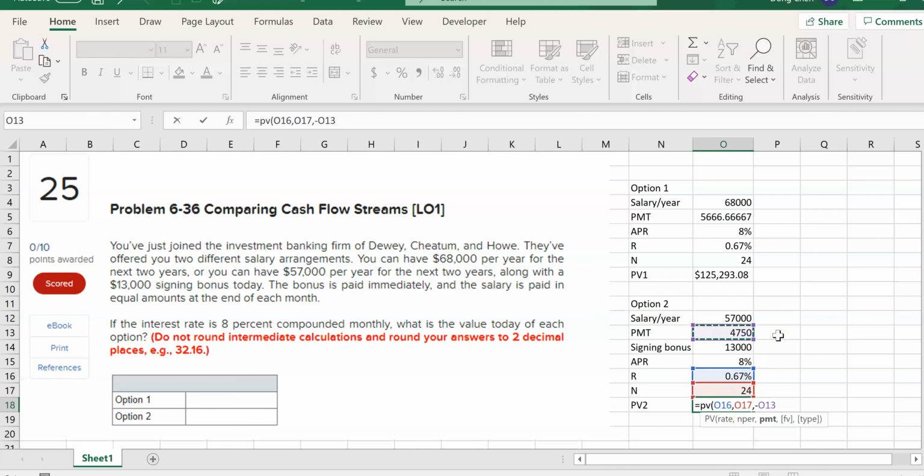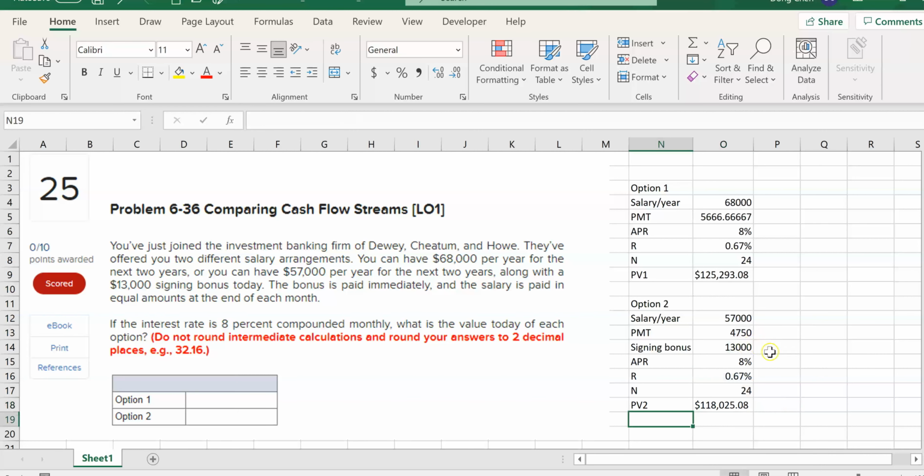So far, this gives me the present value of the 2 years of monthly salaries. But we are not done yet for this option, because we also need to add the signing bonus that's paid right now, which is already a present value. Once I do that, you can see the present value of the second option is this number.